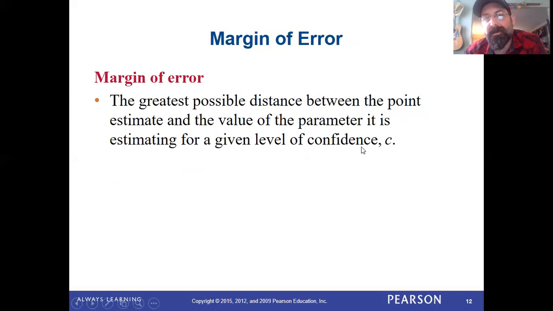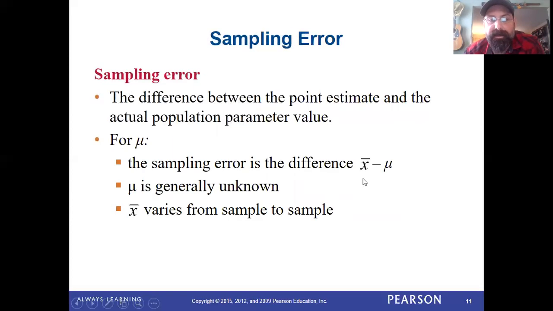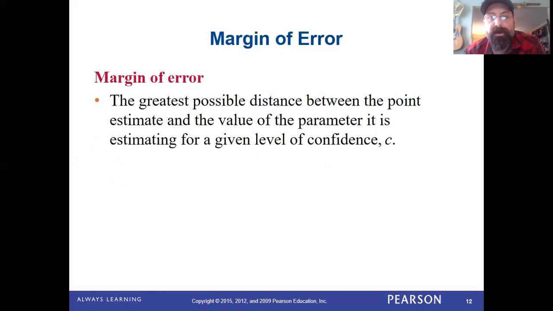But what we're able to do with this sampling error, x bar minus mu, is we're going to put a maximum value on it. So if we fix our level of confidence C, then we're not going to care what happens outside of that central region of C on the standard normal distribution table.